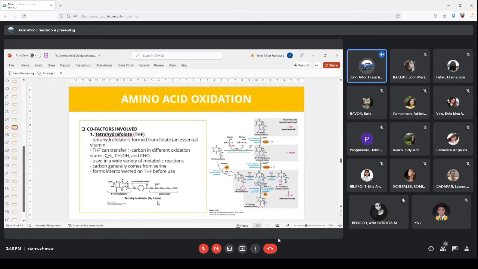So this is your tetrahydrofolate. It has a 6-methylpterin moiety, para-aminobenzoate, which are in para position, and your glutamate. Okay? So what happens here?